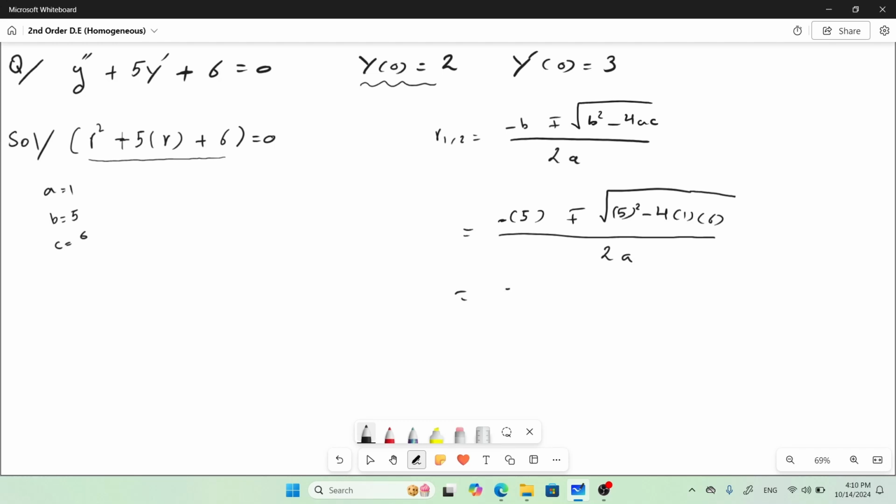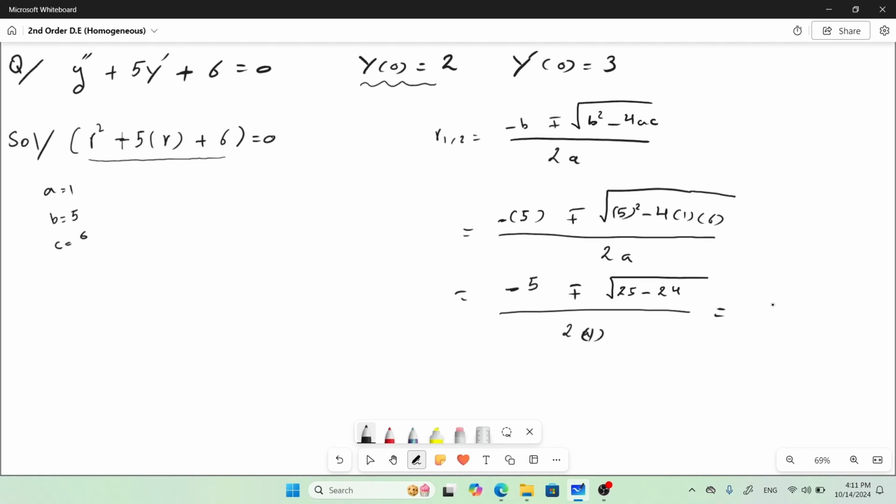So we have minus 5, plus or minus the square root of 25 minus 4 times 6, which is 24, divided by 2a, or 2 times 1, sorry, so it's just 2.